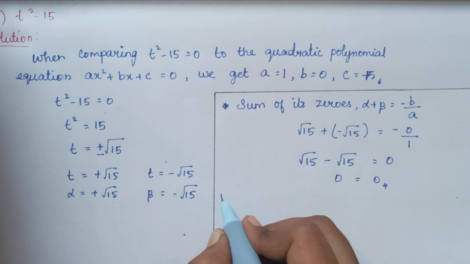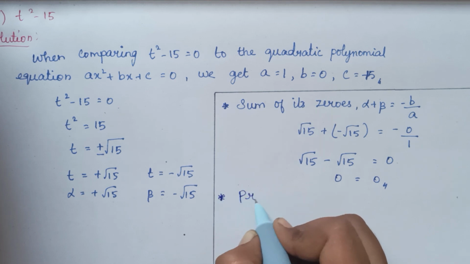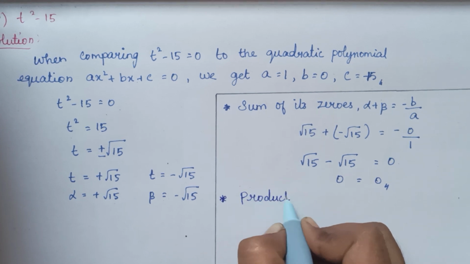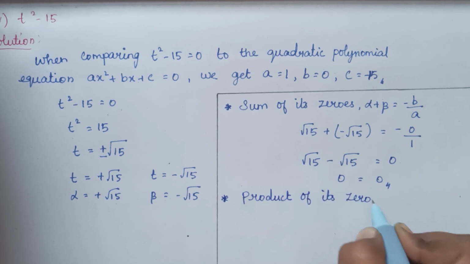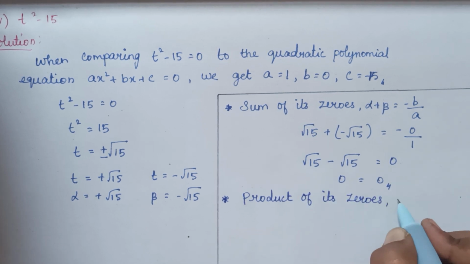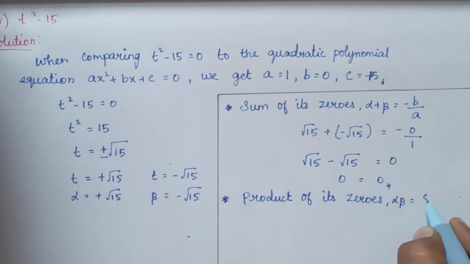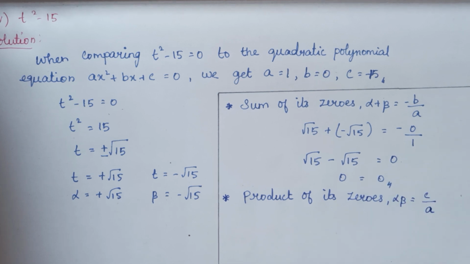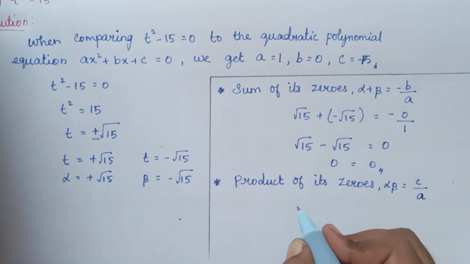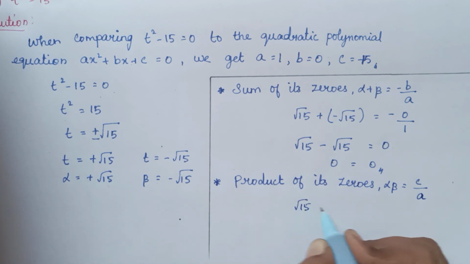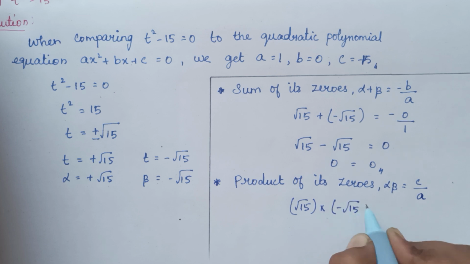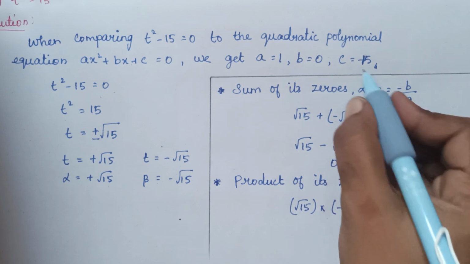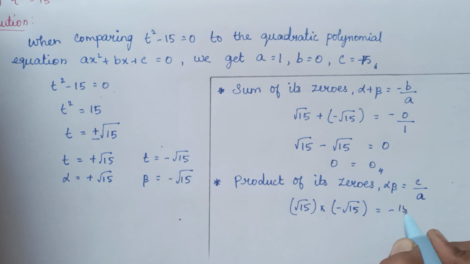So next one, product of its zeros, that is alpha into beta is equal to c by a. So alpha is equal to plus root 15 and beta is equal to minus root 15 is equal to c. So the value of c is minus 15 by a value is 1.